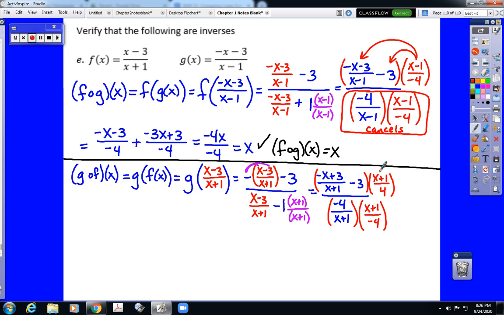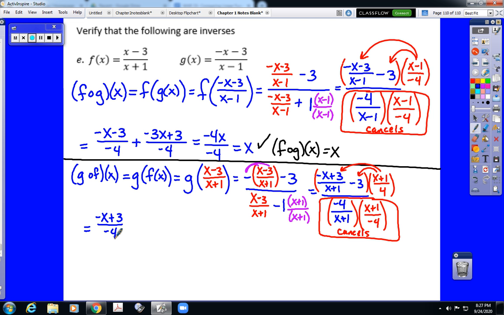And then we are going to distribute that fraction through the top because the entire bottom will cancel, which is the whole point of us doing that. When we do that and we distribute, when we multiply x plus 1 over negative 4 times that first fraction, the x plus 1's cancel, leaving negative x plus 3 over negative 4.